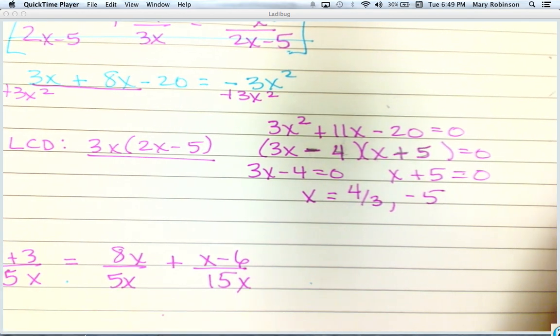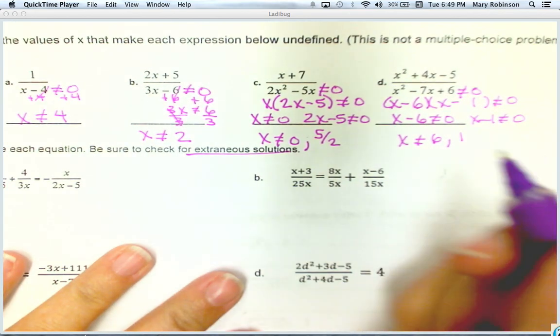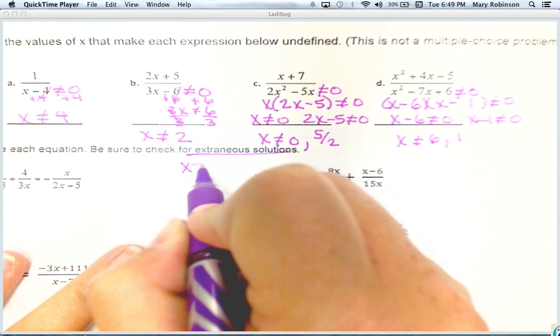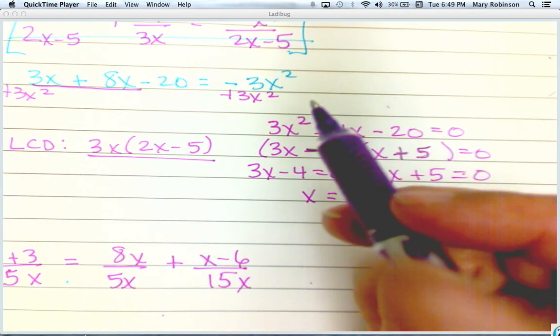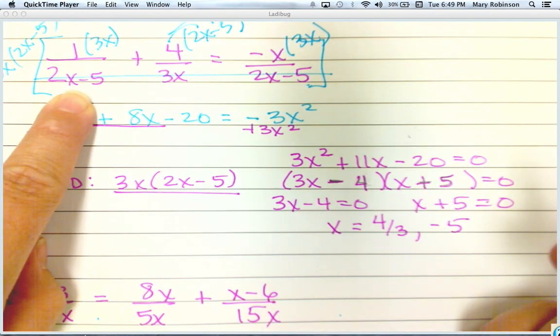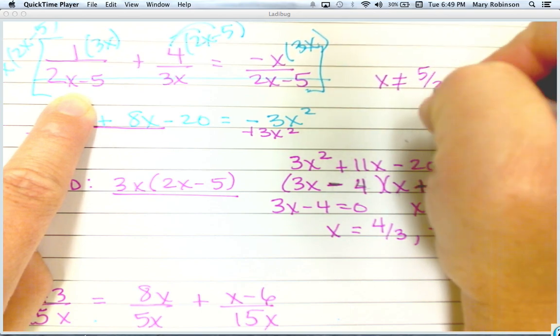Now, in the instructions, it says be sure to check for extraneous solutions. So extraneous solutions are the ones that come from the restricted value. So think, what can x not equal? Well, in this equation, if I've got a denominator of 2x minus 5, then x cannot equal positive 5 halves.